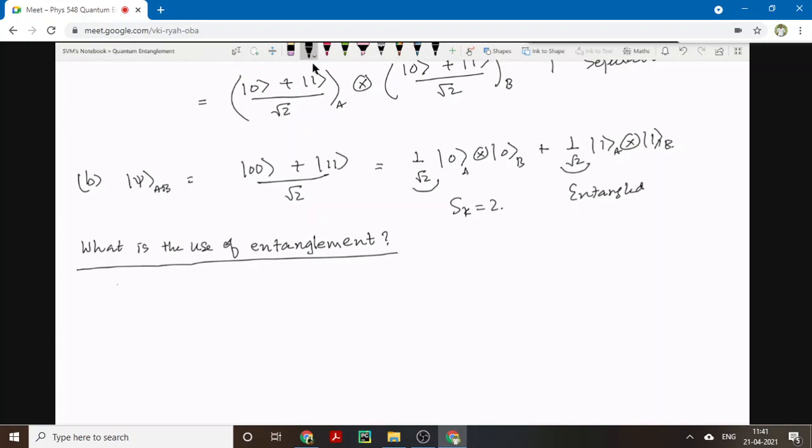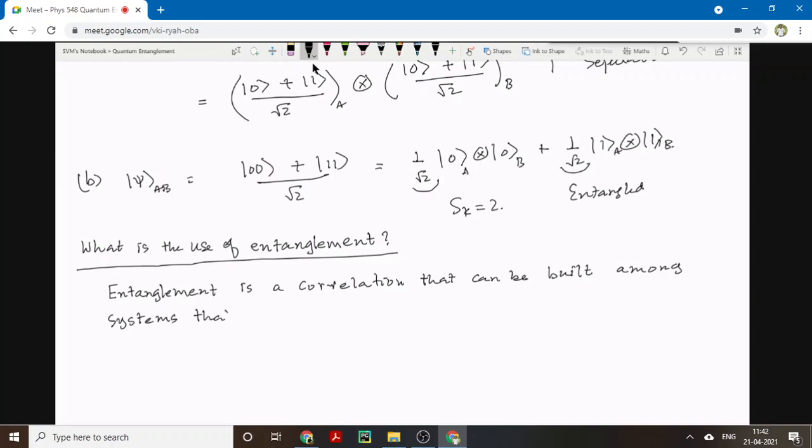Entanglement is a correlation that can be built among systems that are spatially separated.